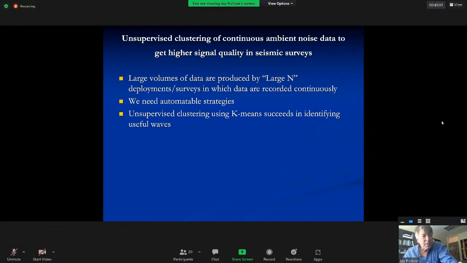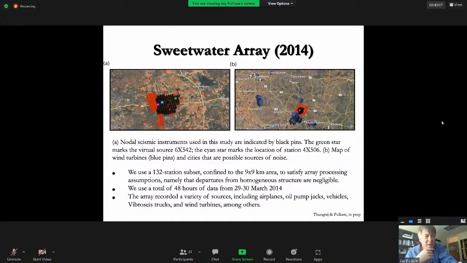Okay, and so the next example could have been applied to that same data. We actually applied it to data from an array that was deployed, not by us, but by other people near Sweetwater, north central Texas, in 2014 for about 3 weeks. And it was a pretty big array, but one of the assumptions of this processing is that the velocity is consistent underneath the array.